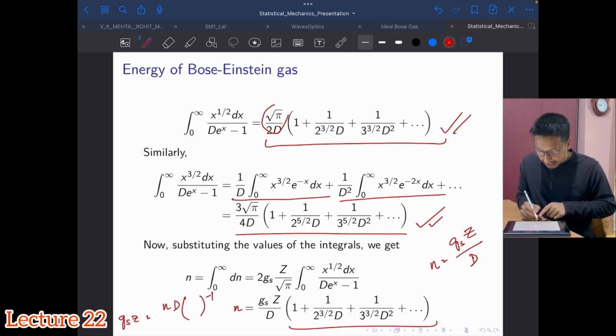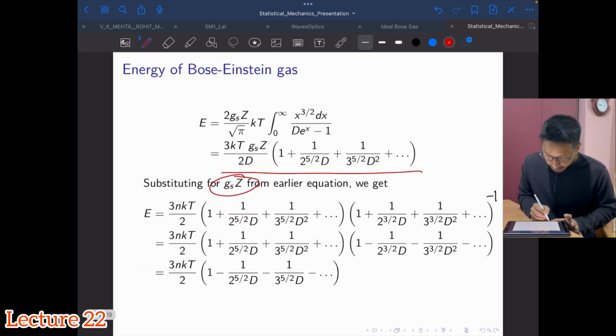Within the bracket is 1 plus 1 by 2 to the power 3 by 2 d plus the entire infinite series expression.